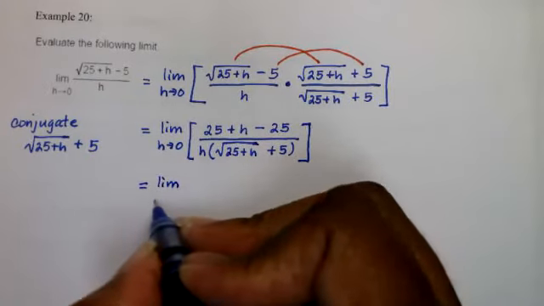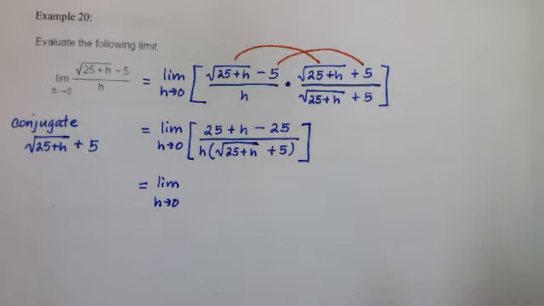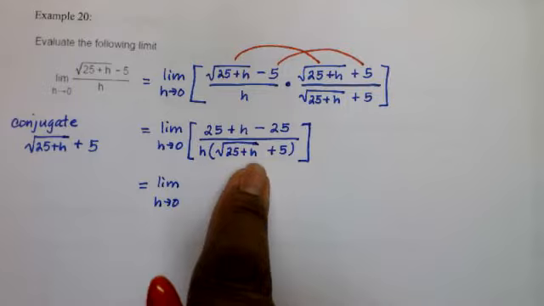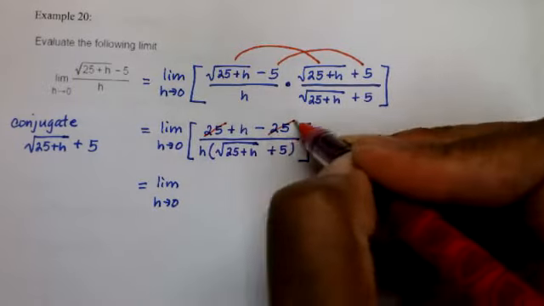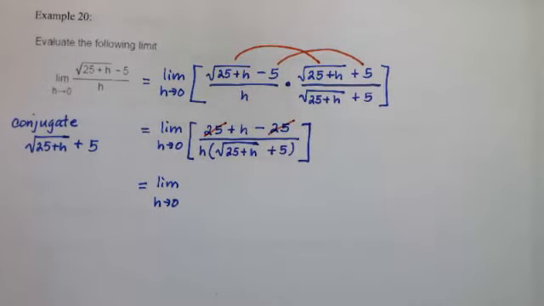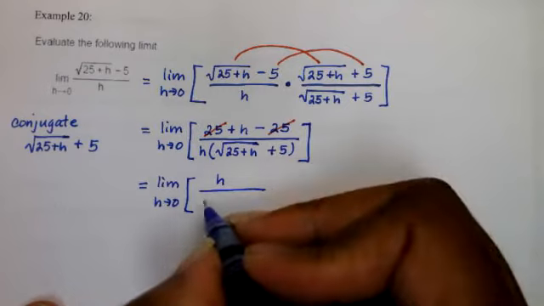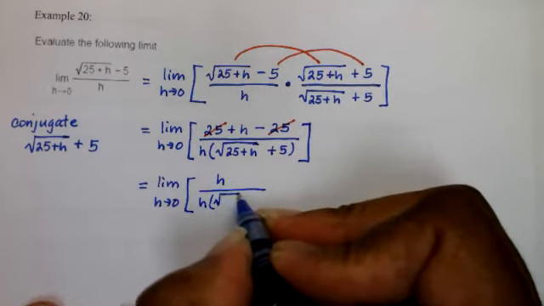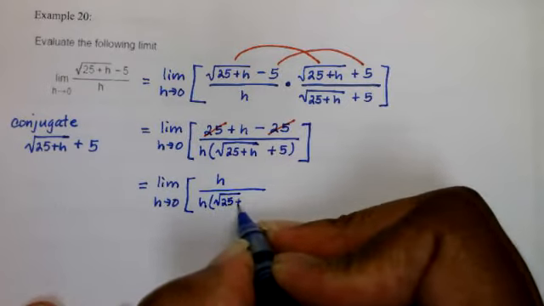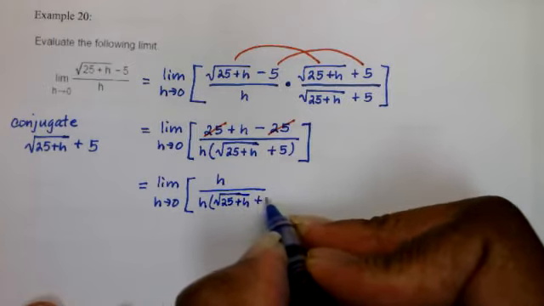Now I'm going to bring down the limit as h approaches 0. Haven't taken the limit yet. I need to simplify what's in here first, and then we'll take the limit. 25 minus 25, that's gone. So that means I'm going to have h divided by h times the quantity of the square root of 25 plus h plus 5.